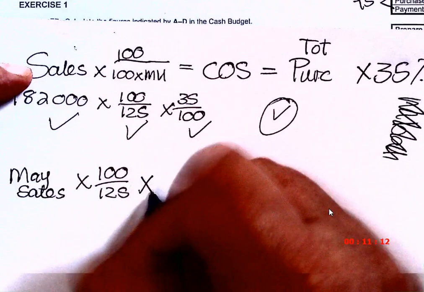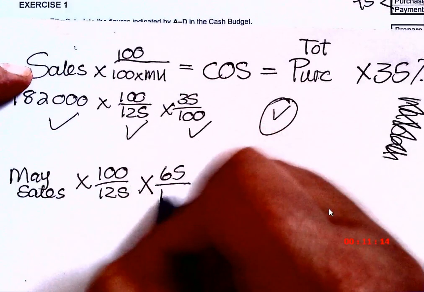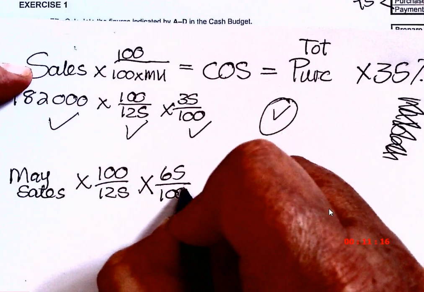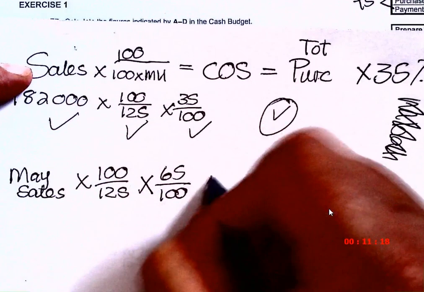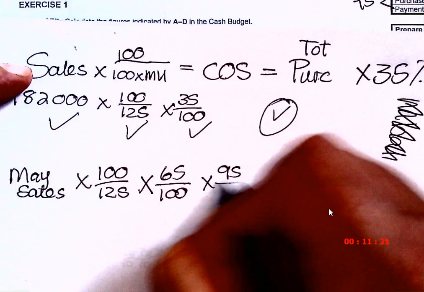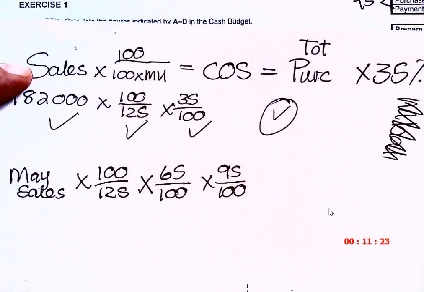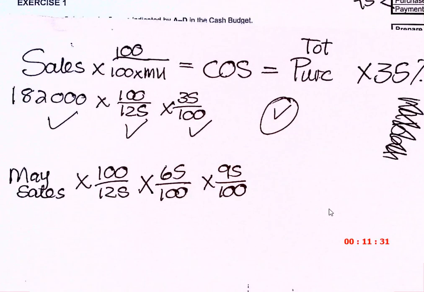Then I'm going to calculate 65% because that's credit. And then I'm going to calculate 95% because I get a 5% discount. I'm using May because they say my credit purchases I pay in the next month. So now we are budgeting what we are paying creditors in June.